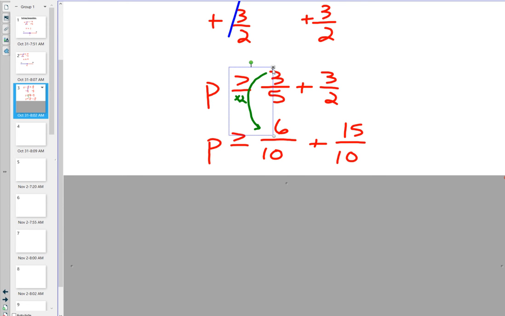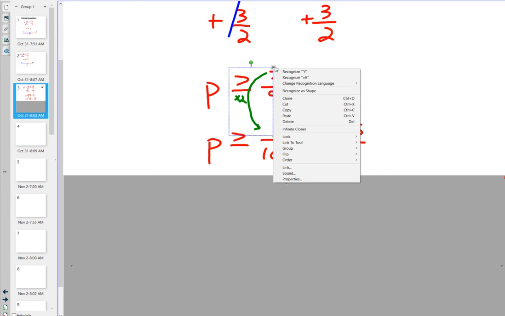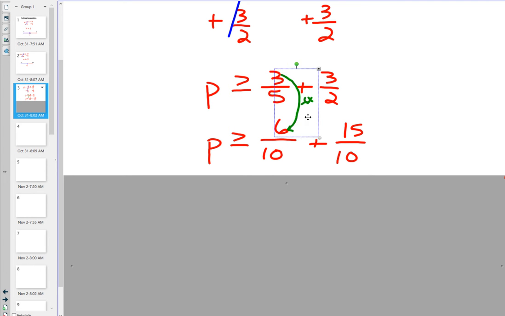Then over here, 2 times what gives you 10? It is a 2 times 5. And 3 times 5 is 15.